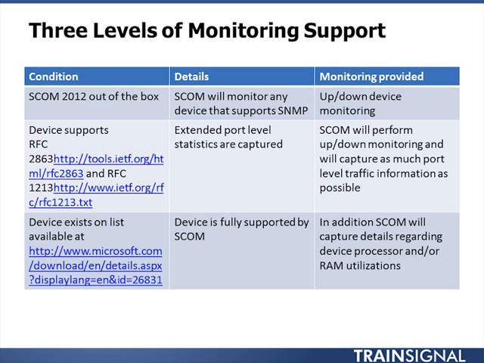This means you'll get up-down monitoring and you'll be able to capture as much port level traffic information as is available on the unit. And if the device exists on the list available at the URL you see on your screen, the device is fully supported by SCOM. And in addition to the above, Operations Manager will capture details regarding device processor and RAM utilization.